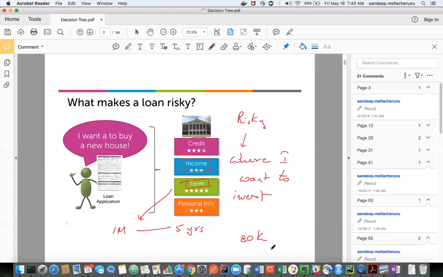I'll never get $1 million in 5 years. Even if you multiply $80,000 per year by 5 years, I'll only get some 400K. I'll never be earning $1 million in 5 years. So it is a risky loan. So all these things correspond to the risk, whether it is a risky loan or a safe loan. Okay.